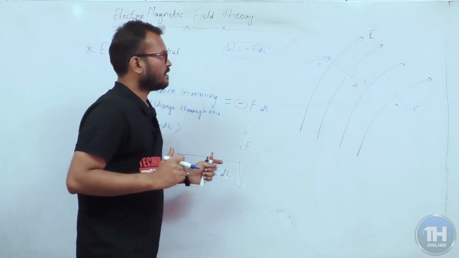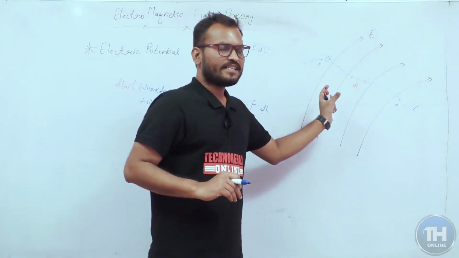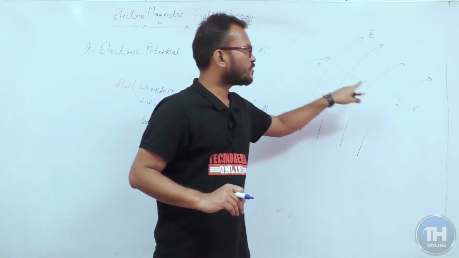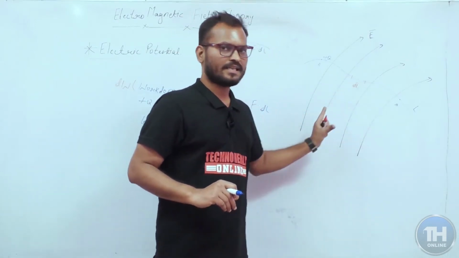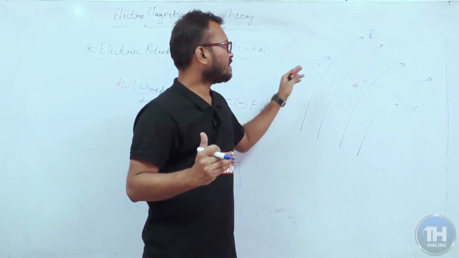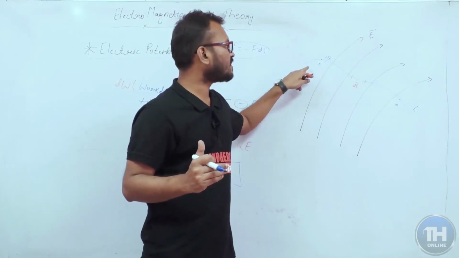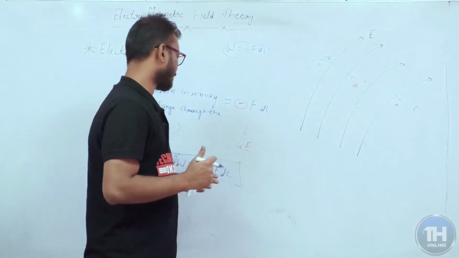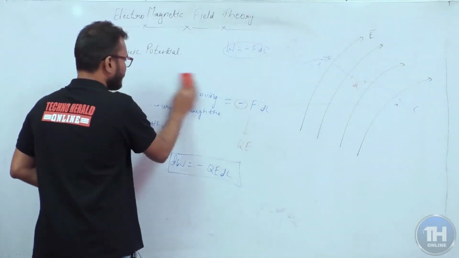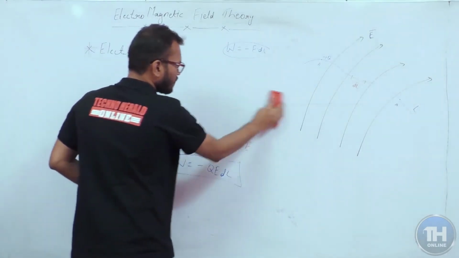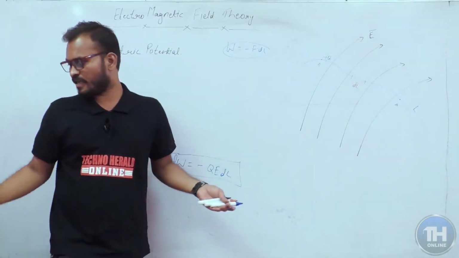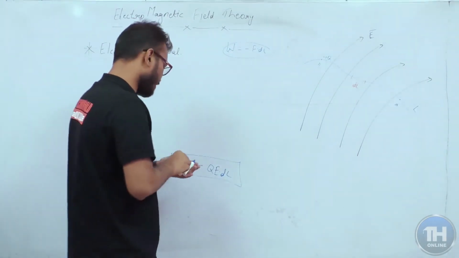Now if we integrate this elemental work done from the point A to the point B, then we can find the total work done in moving this plus Q charge from the point A to the point B. If we integrate this dW over the whole path, from point A to point B, we will be able to find the total work done.